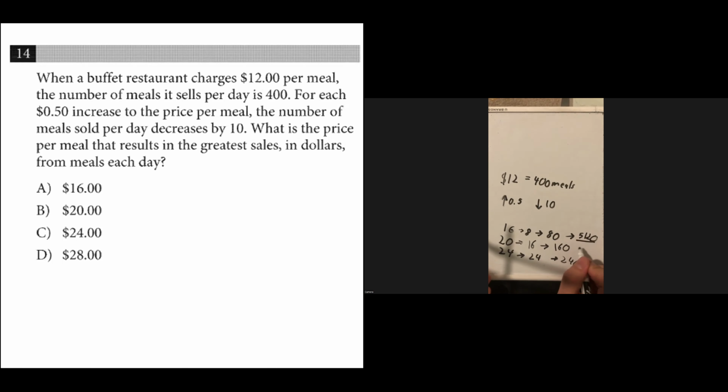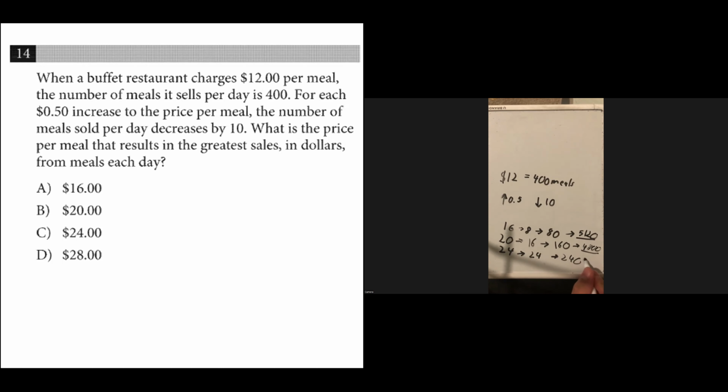So that's A. For answer choice B, we would do 400 minus 160 times 20, which would give us $4,800. And for the last one, we would do 400 minus 240 times the price, which is $24.